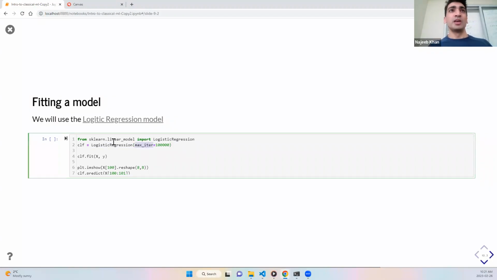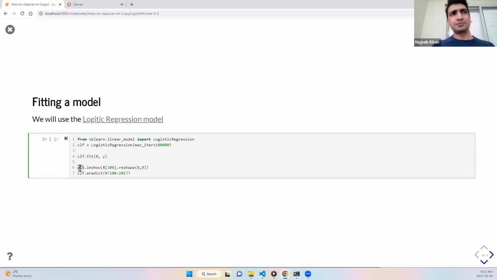Here from sklearn.linear_model, import LogisticRegression, and specify how many iterations you want to train it for. Here it's set to 100,000. Then given this logistic regression classifier, we just call the fit method on the classifier and provide the x and the y, the inputs and the targets. And this basically trains the model for us.